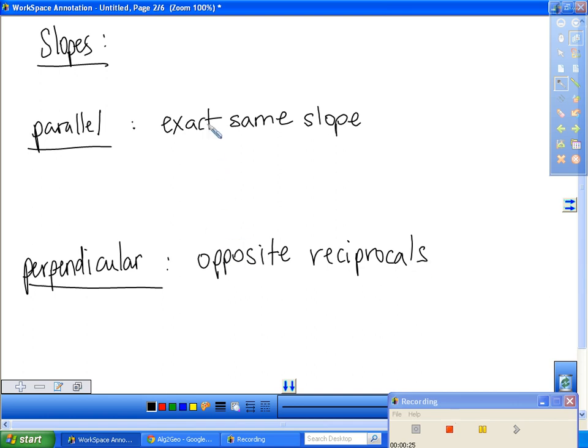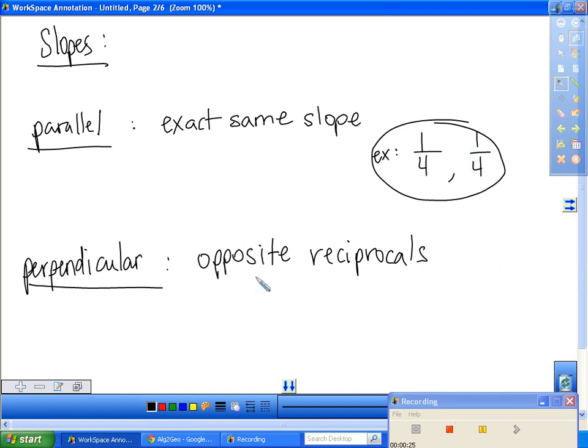So an example of parallel slopes or exact same slopes would be if my rise over run for one line was 1/4, and my rise over run for the other line is 1/4. They are exactly the same. They're both positive. They both have a 1 in the numerator and a 4 in the denominator. So that is an example of two parallel slopes.